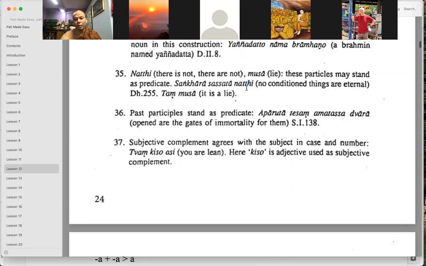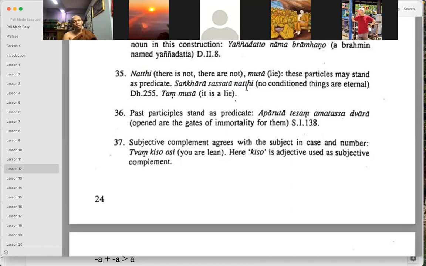The same way in Musavada. So Musavada veramani sikkhapadam samadiyami. By observing morality, virtue is Musavada, avoidance from Musavada, telling lies. So in that word, Musa, the word Musa never changes. In Musavada also Musa.